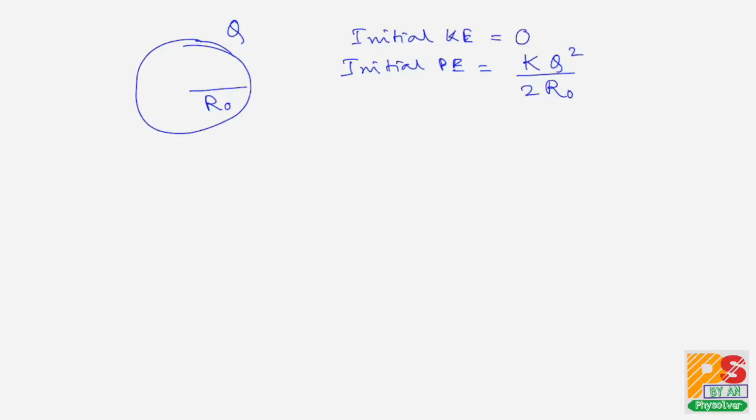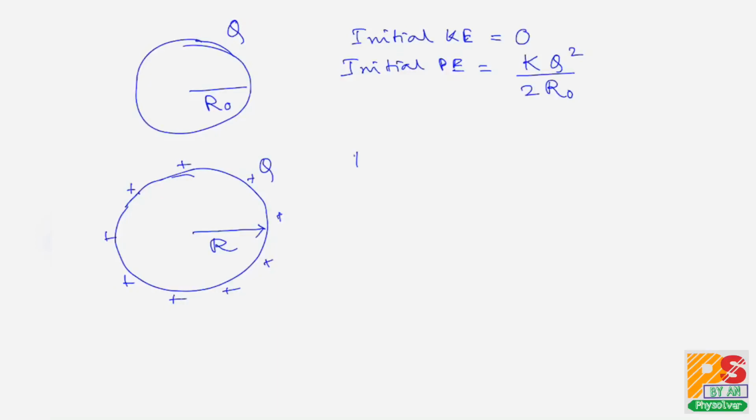Due to their mutual repulsion, suppose the radius has changed to r, but mind it, the amount of charge it contains doesn't change; it still remains Q. Suppose the velocity now becomes v. So the final kinetic energy is half mv square.